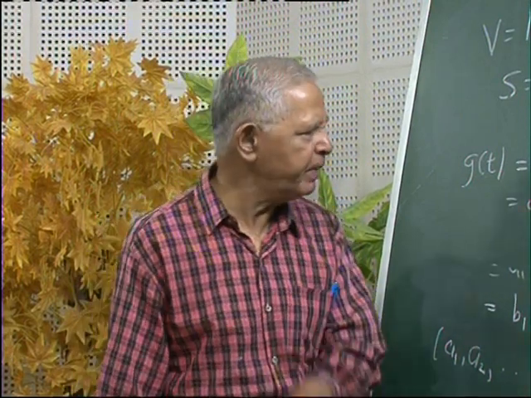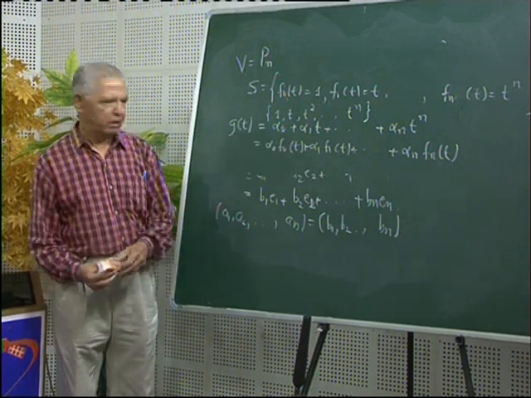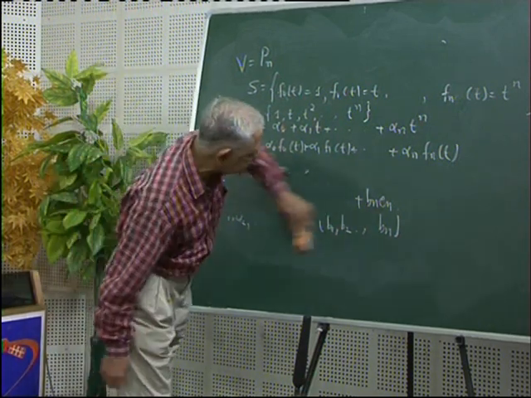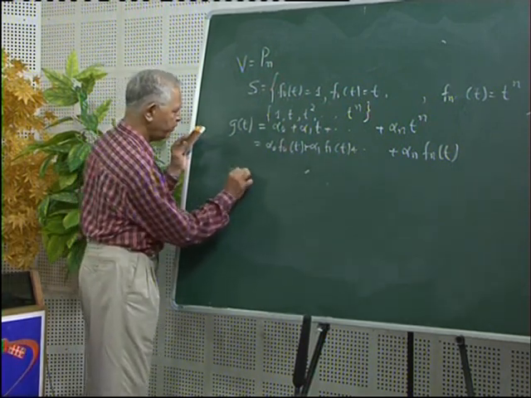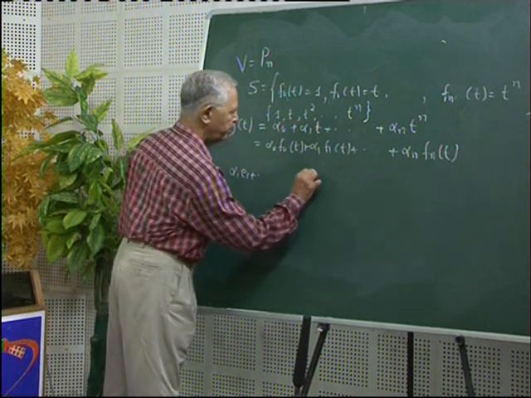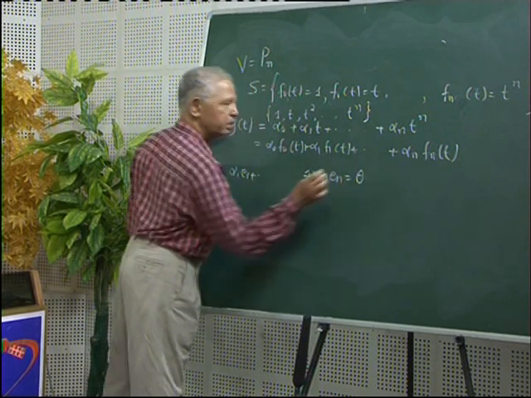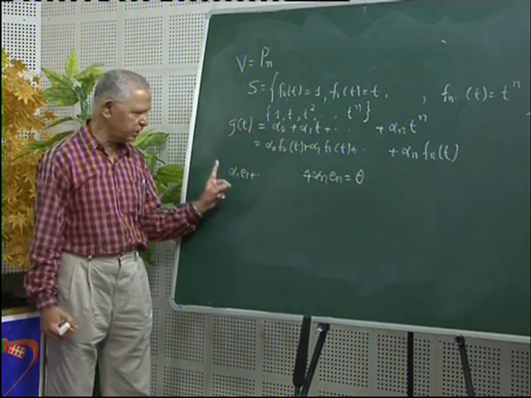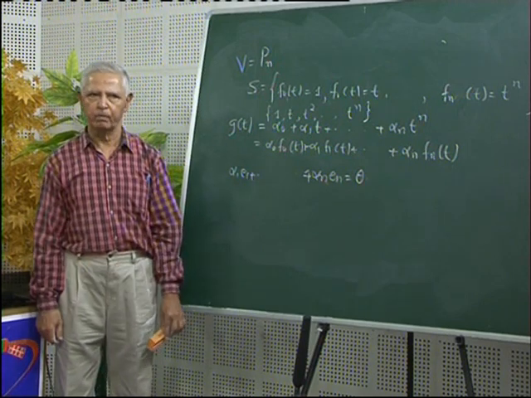Let us see what is the meaning of this uniqueness here. It comes out like this: whenever alpha 1 e1 plus ... plus alpha n en is equal to 0, then all the scalars alpha 1, alpha 2, ..., alpha n come out equal to 0.